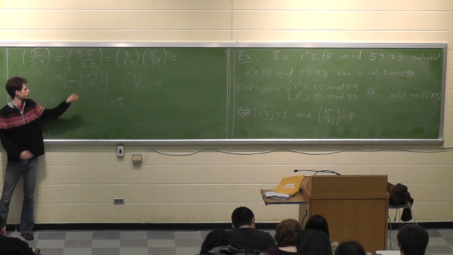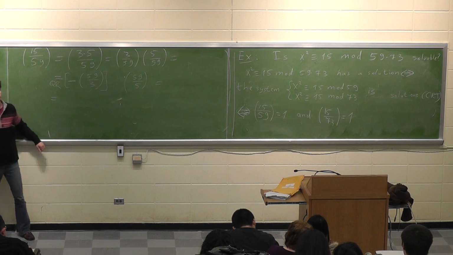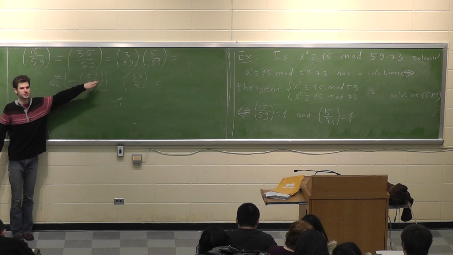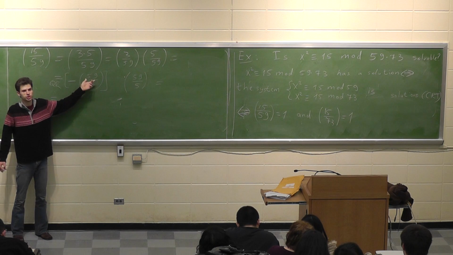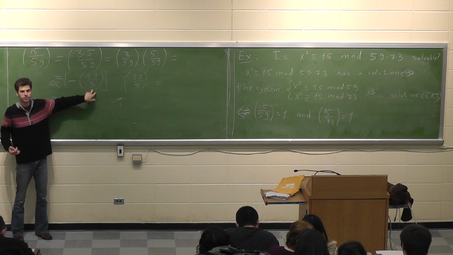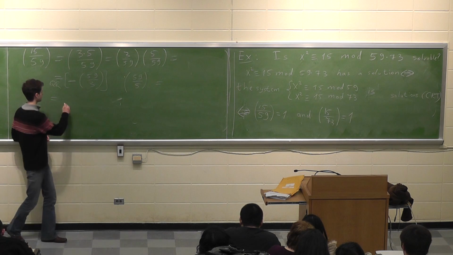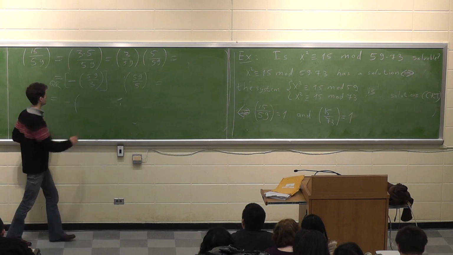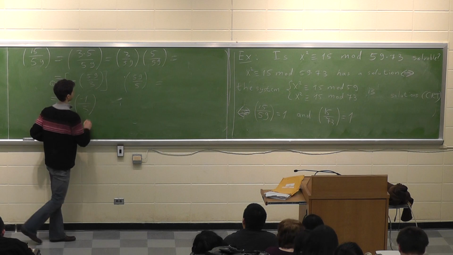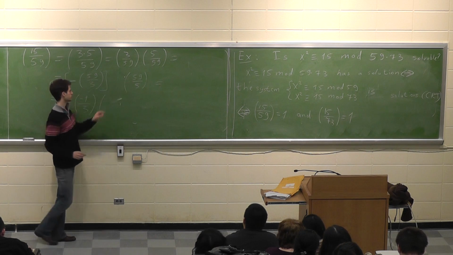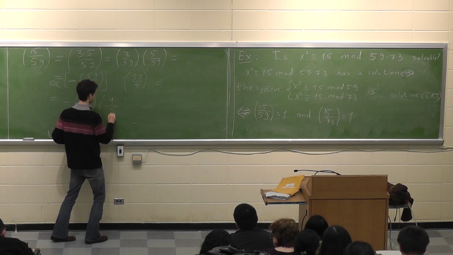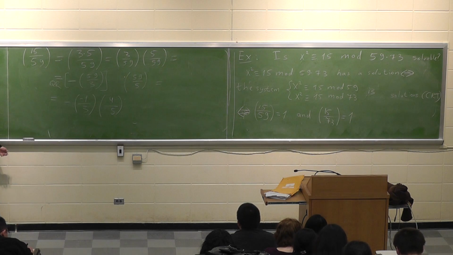So here I applied quadratic reciprocity. Next step is kind of obvious one. Whether 59 is a quadratic residue is the same as, well, I can change 59 by any other number which is equivalent to it modulo 3. So 59 is minus 1 modulo 3. And for the other one, you can say minus 1, or for the sake of argument, say that it's 4.